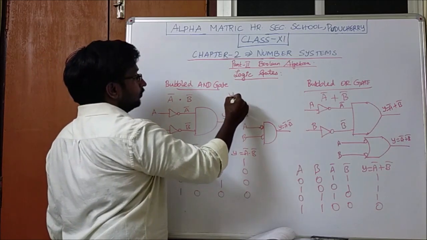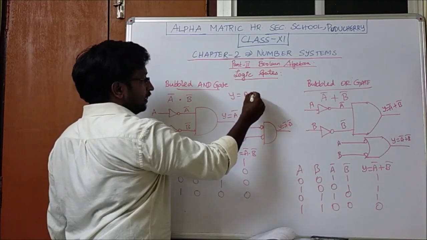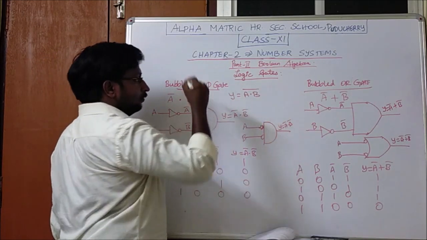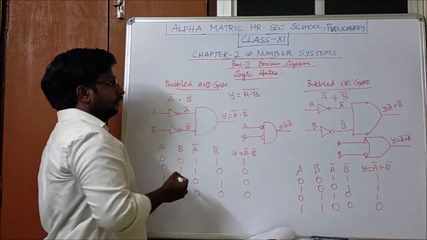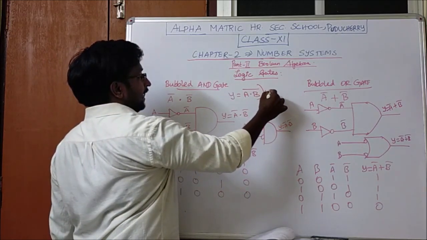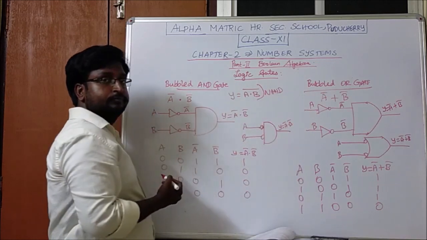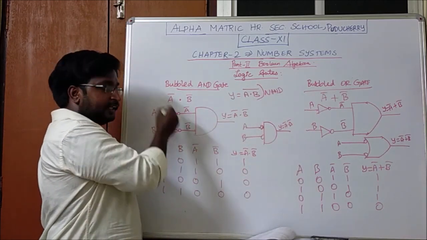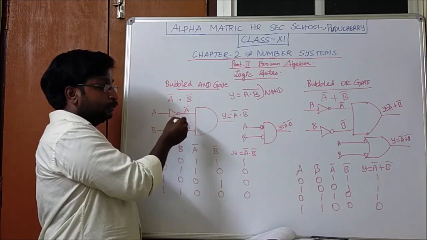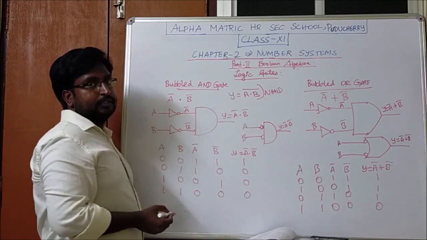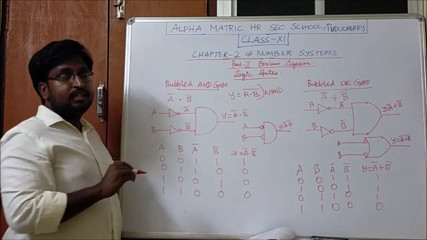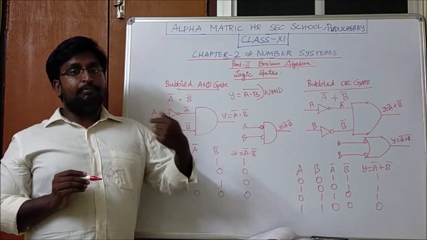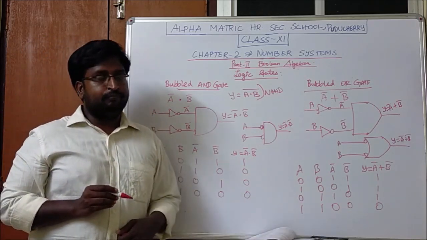Let us see the difference between the bubbled AND gate and the NAND gate. In the NAND gate, first you multiply, then you find the inverse. Whereas here you first inverse all the inputs, and then you multiply. That is the main difference between the NAND and the bubbled AND gate.